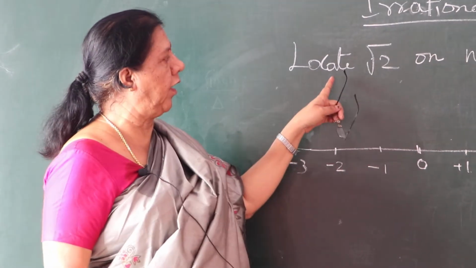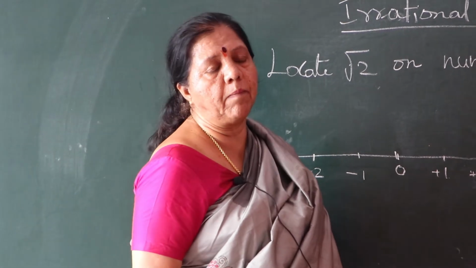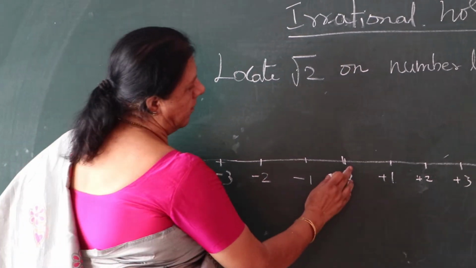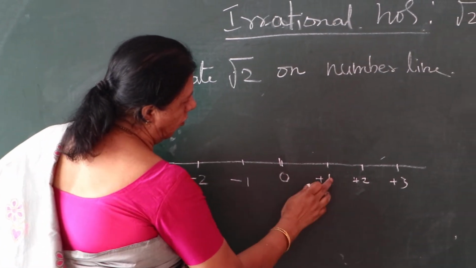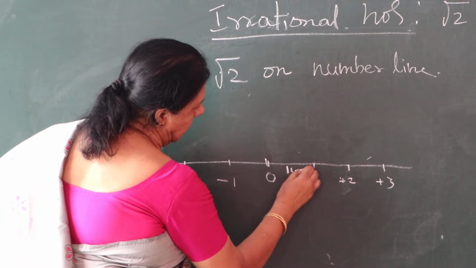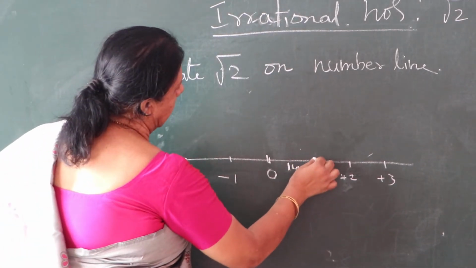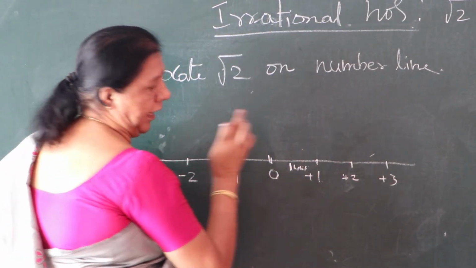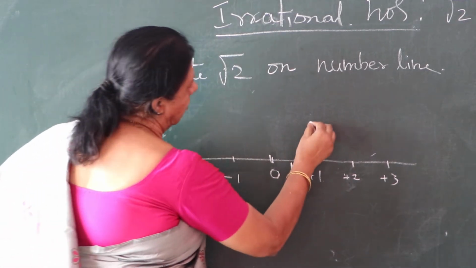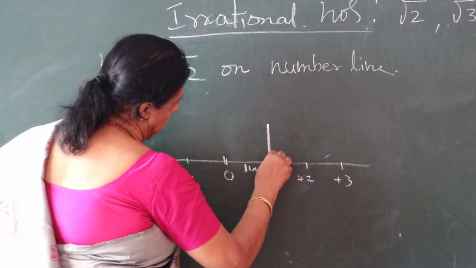Now what do we have to find out? Locate root 2 on the number line. Here the measurement from 0 to 1 is 1 unit. I have taken it as 1 unit. Draw a perpendicular line, 90 degrees. You have to draw a line of 1 unit at 90 degrees.